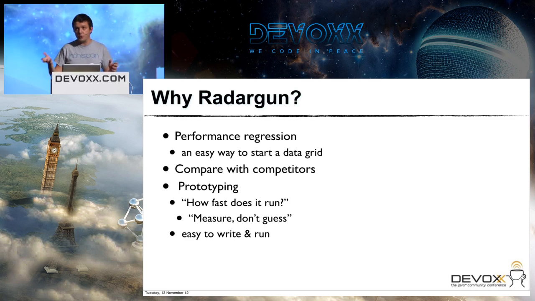Radargun being an open source project, you can just use it and write your own access patterns and see if it fits you. So we built it so that it is easy to write plugins for it, both plugins for different products and plugins for emulating the way you will access the grid, and it's easy to run it.